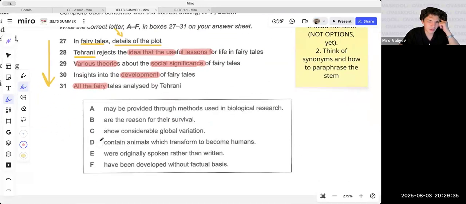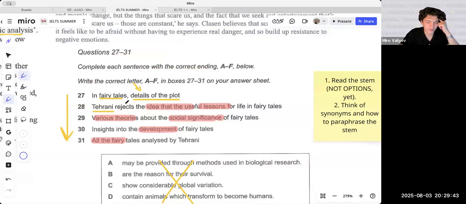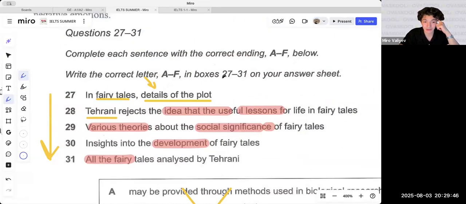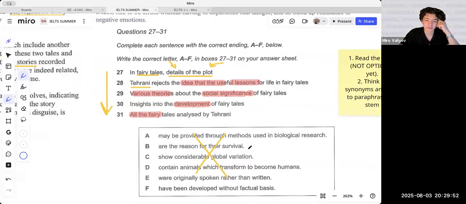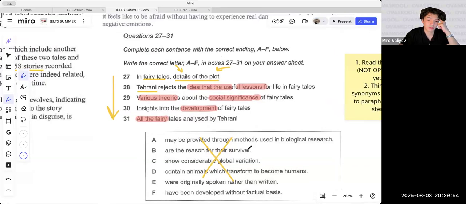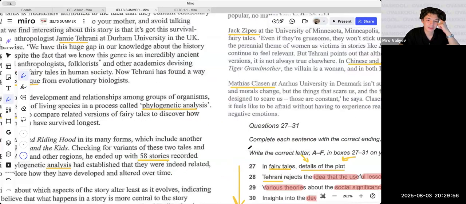And then we can actually quickly skim the options, but I would not waste my time on that. Once I hit the spot with the fairy tales and the details of the plot of those fairy tales, I will definitely read the options, but not now, yeah? So I suppose we get started then, right?